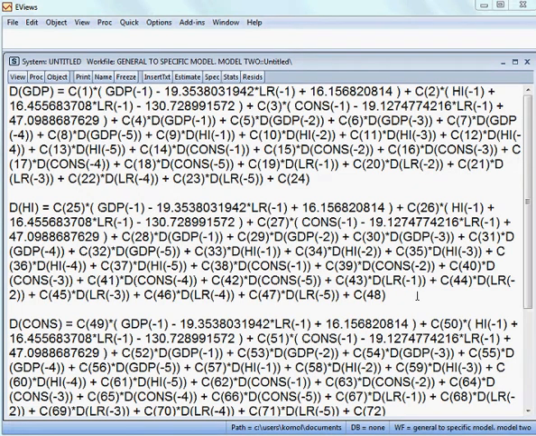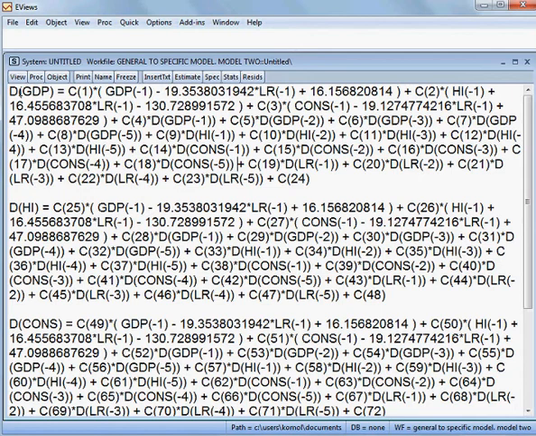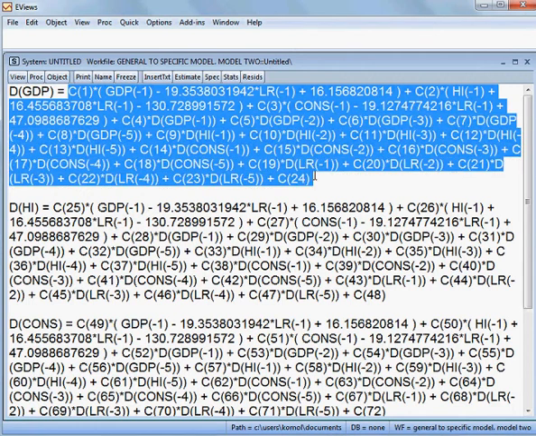Okay, this one is actually our model, DGDP. Here GDP is the dependent variable, and here are all the independent variables.